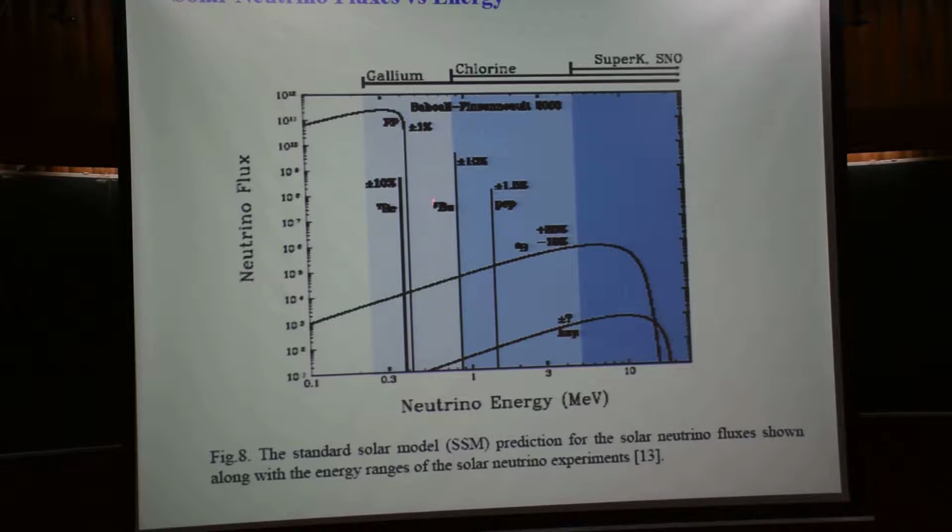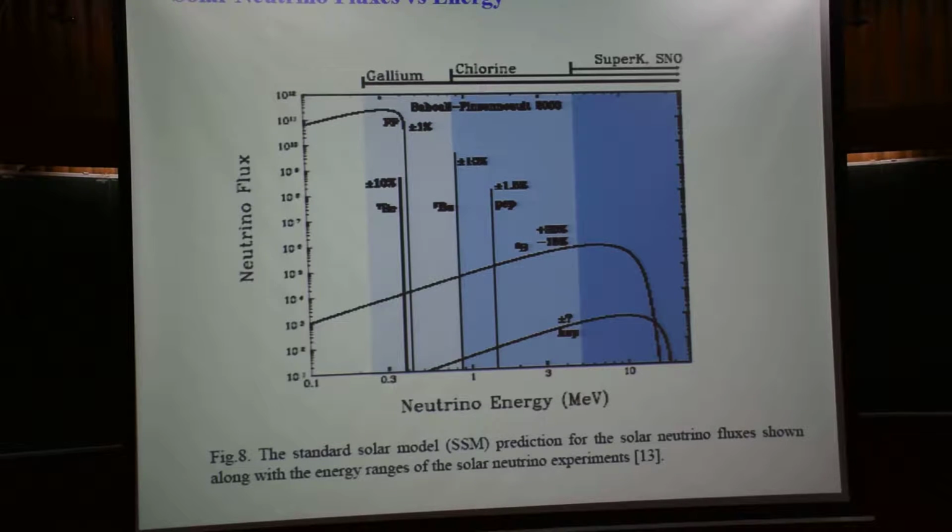Then the beryllium line spectrum is here, the pep here, but the intermediate energy is dominated by beryllium, which is 1 order of magnitude smaller than this. And the high energy neutrinos come from boron, and that's very, very low. Also note that there is a plus minus 20% uncertainty in the boron flux.